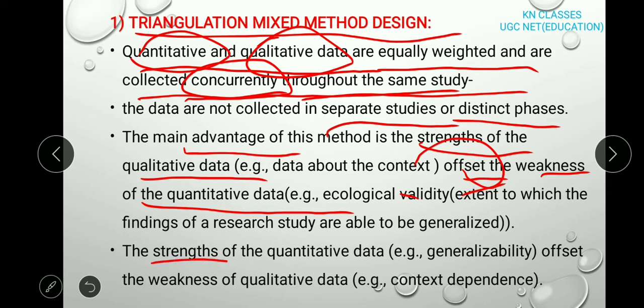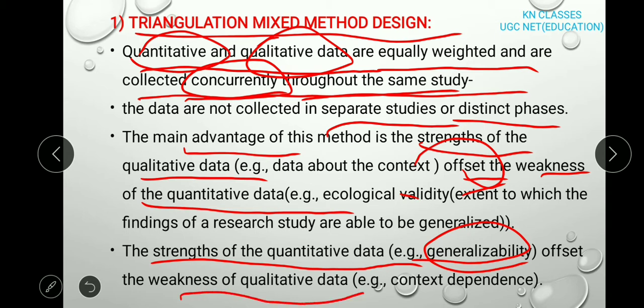Another strength is the quantitative data. The quantitative data strength is generalizability, which overcomes the weakness of qualitative data, because qualitative data is less generalizable and depends upon the context only.